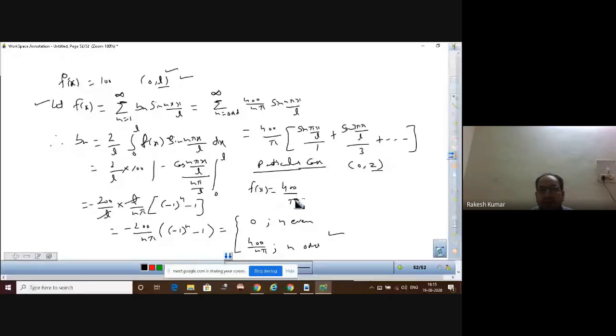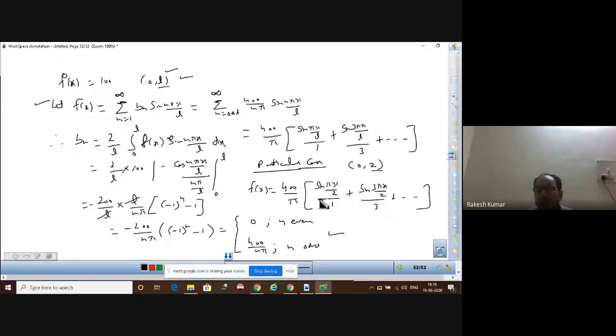400 upon pi, and you will get sine pi x upon 2 over 1, plus sine 3 pi x over 2 upon 3, plus so on.